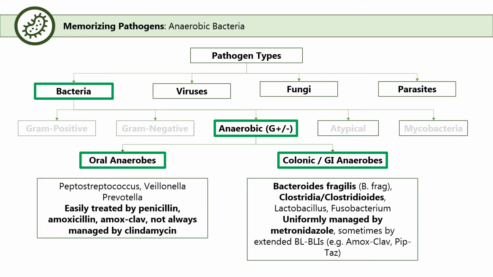Oral anaerobes like Prevotella or Peptostreptococcus can often be killed by penicillins, whereas our colonic anaerobes usually require stronger anti-anaerobe agents like metronidazole. I would memorize the names of a few colonic anaerobes so that you can recognize them if they are found in relevant infections, namely Bacteroides fragilis, Clostridium species, and Fusobacterium.